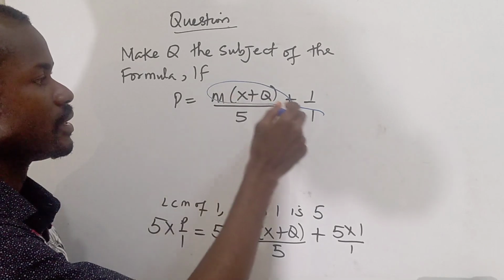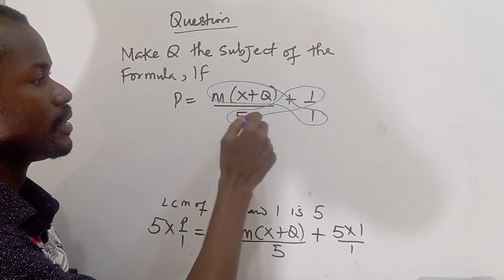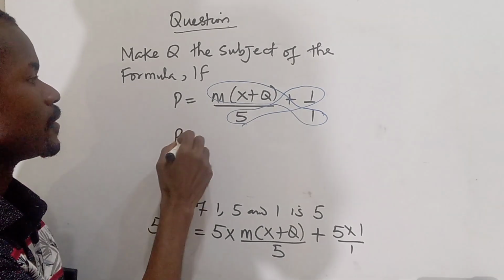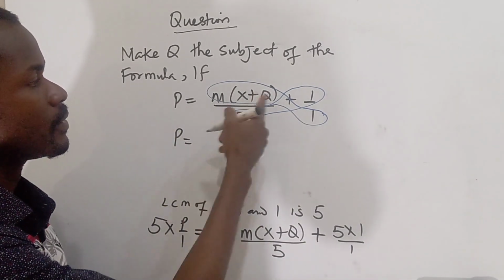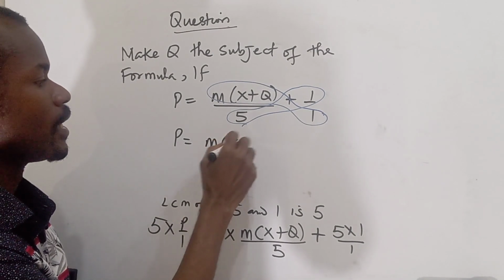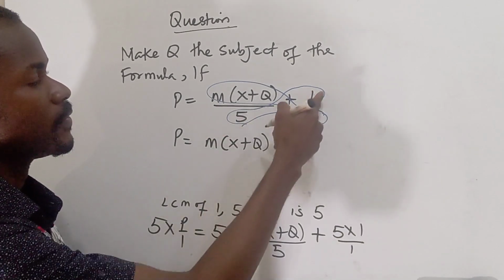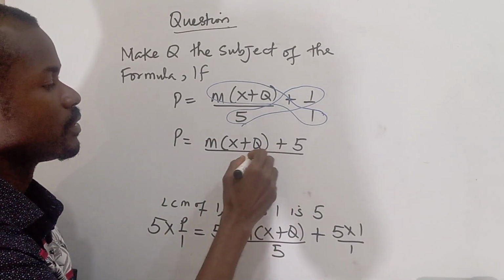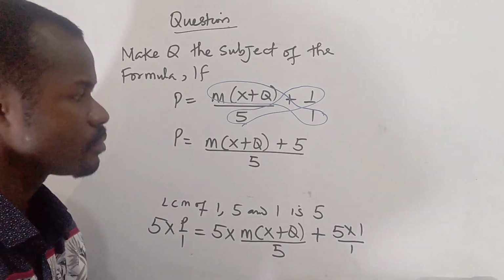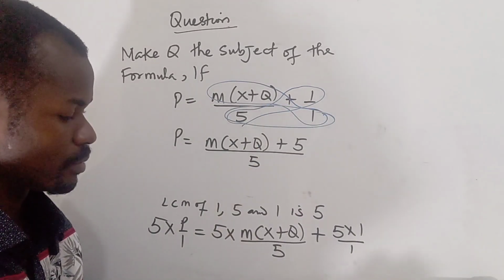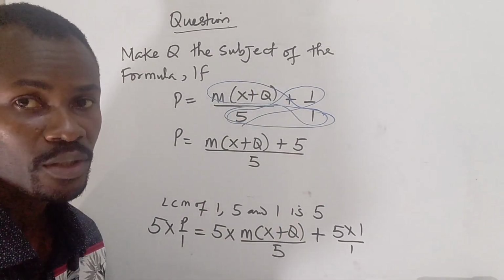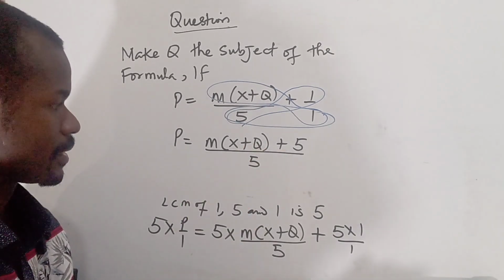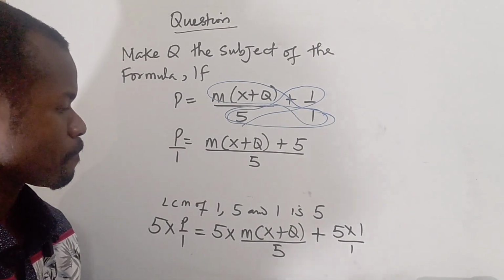So this will times all this, and this will times all this, which is going to give us P is equal to, 1 times all this is M into X plus Q. 5 into this is also plus 5 divided by 5 times 1, which is 5. So this is some other way we can do it, solving this part as a fraction.